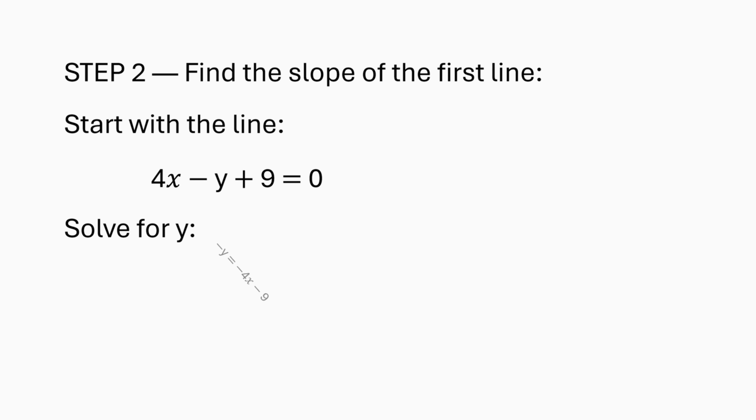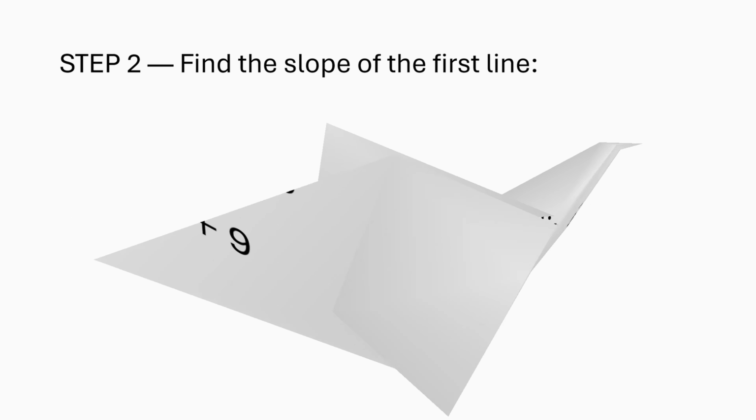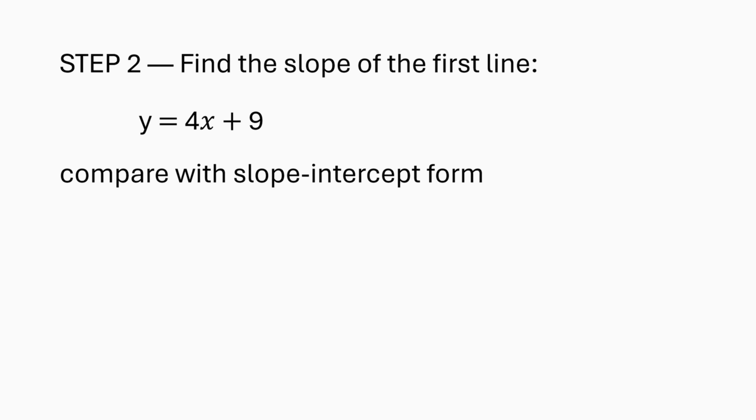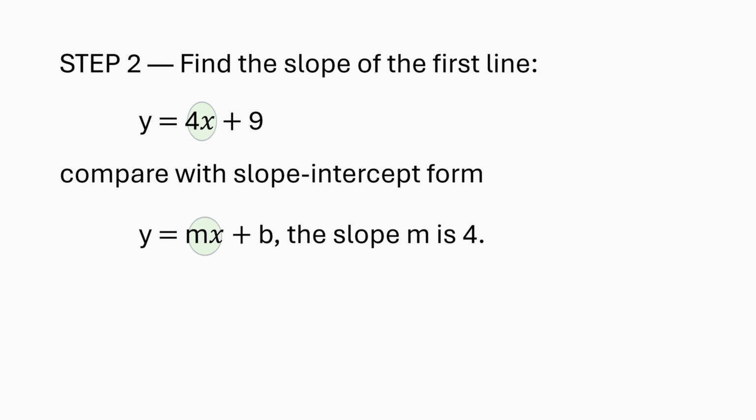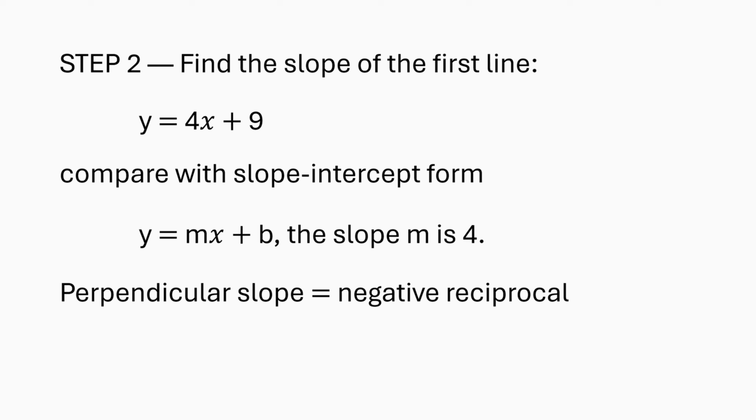Solve for y. -y = -4x - 9, so y = 4x + 9. Comparing with slope-intercept form, y = mx + b, the slope m is 4. Perpendicular slope means we take the negative reciprocal. Slope m = -1/4.